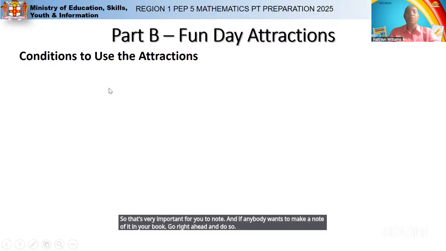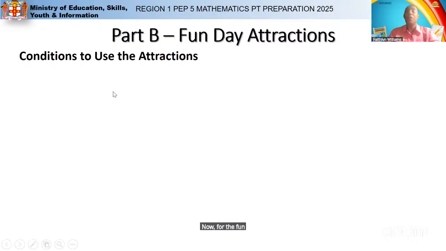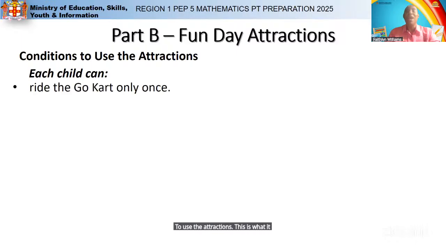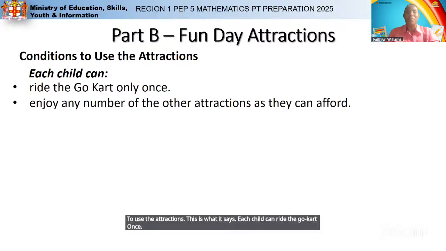Now, for the fun day attractions, there are some conditions to use the attractions. This is what it says. Each child can ride the go-kart once, only once. They can enjoy any number of other attractions as they can afford.